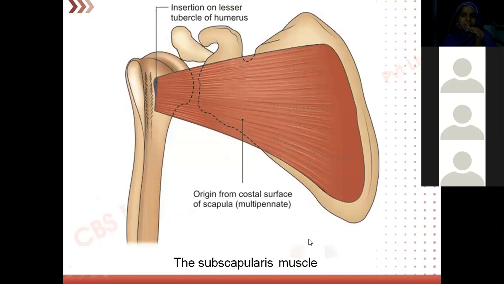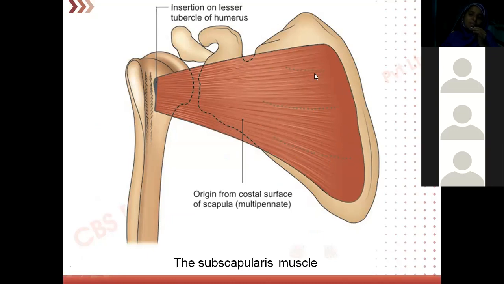Now see, which aspect of the scapula is this, Meghana? Inside aspect? Costal surface. And Hansraj? Subscapular. So the name of the muscle is subscapularis. So, SITS, the shoulder cuff. There is insertion into the lesser tubercle of the humerus.